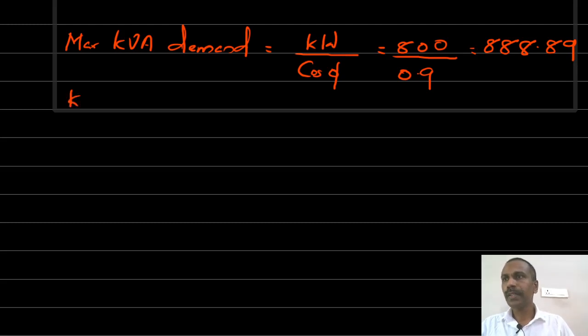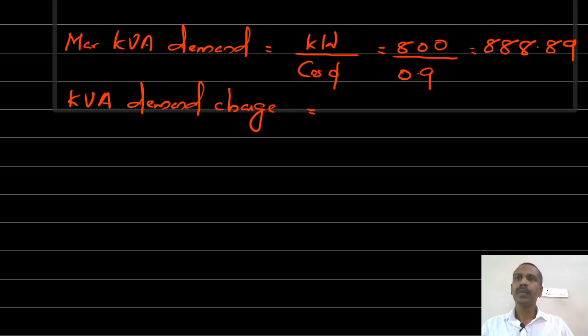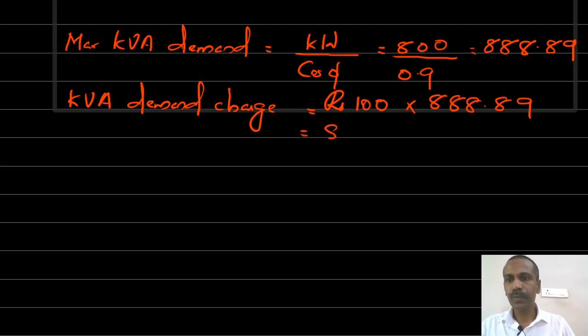I will find out the kVA demand charge. It is rupees 100 per kVA into the kVA demand, which is 888.89. So this is equal to 88,889 rupees.